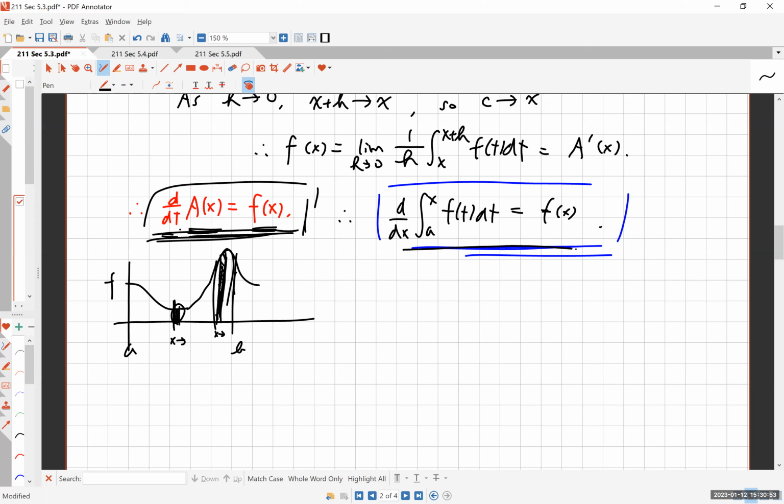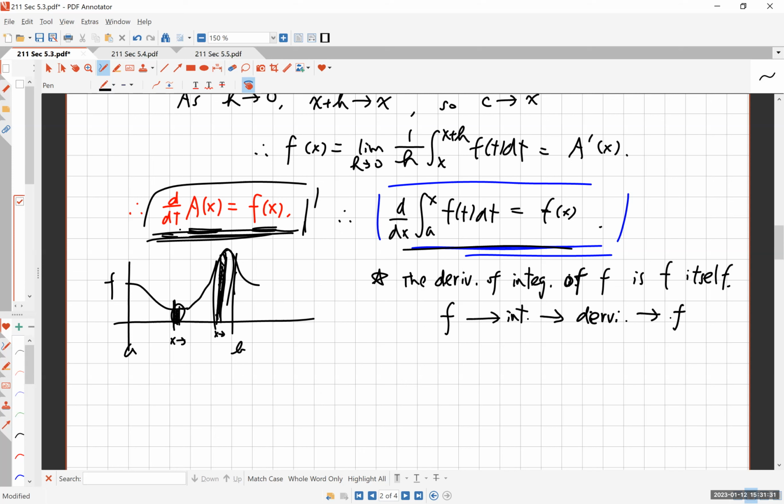Now, that is what this statement says, right? So let's try to understand what this says. This picture is one way to understand this. This is saying that the derivative of the integral function, the derivative of the integral of f, is f itself. In other words, if you start with f and take the integral of f, and then take the derivative, you get the same thing back.